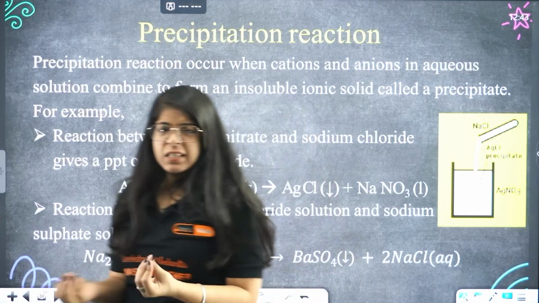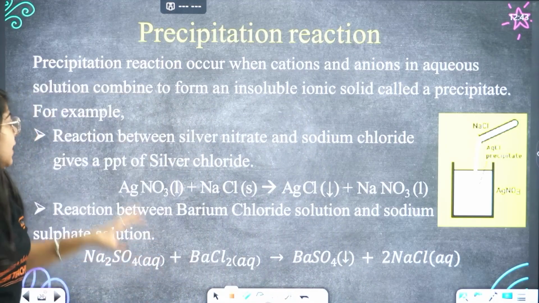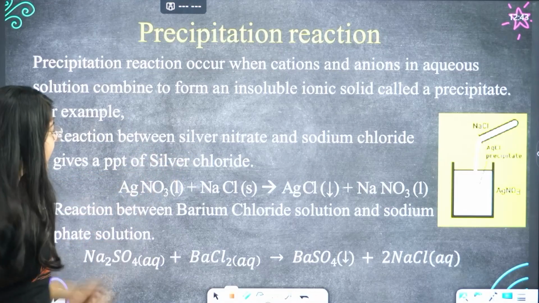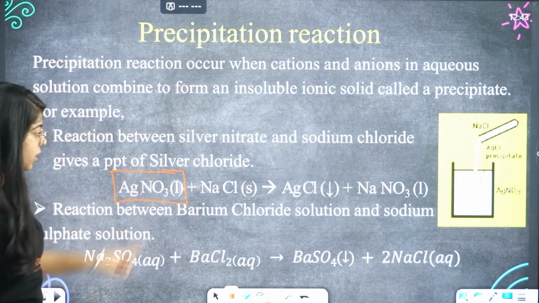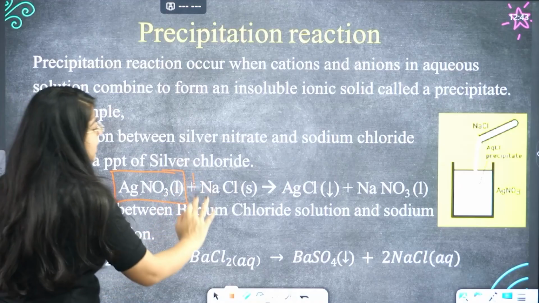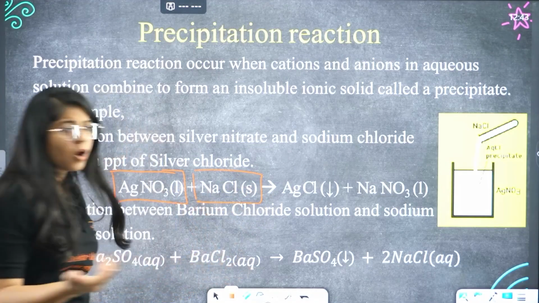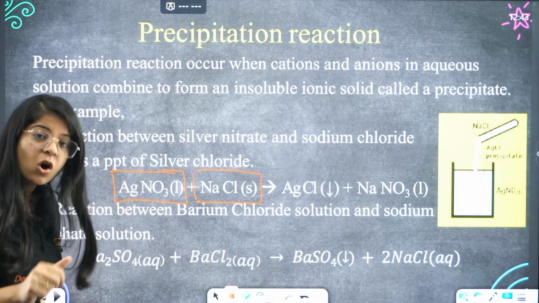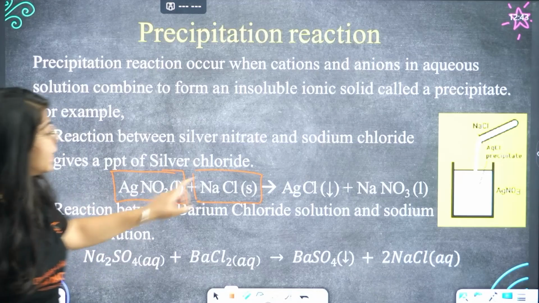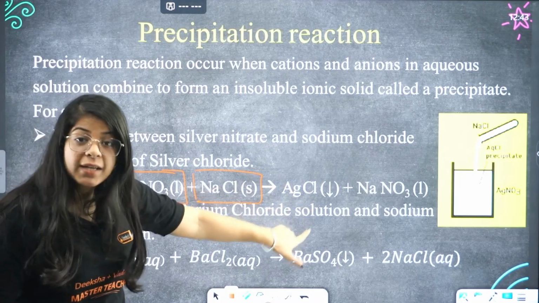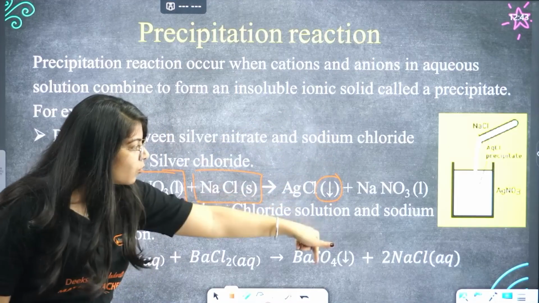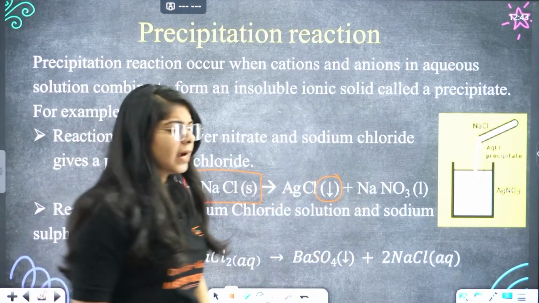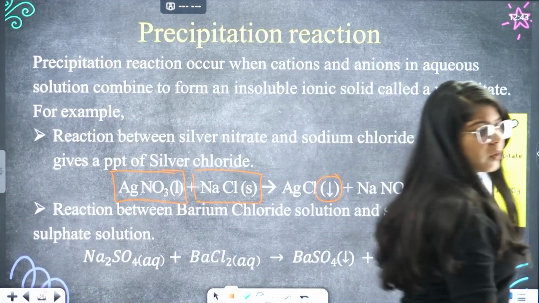Done? Easy. Now for example, the reaction between silver nitrate AgNO3, which is a liquid, and NaCl, which is salt, our common salt. So when we put common salt in silver nitrate, we get silver chloride AgCl and it settles down. How do we know that? Because of the downward arrow. And NaNO3 becomes the liquid, the solution.